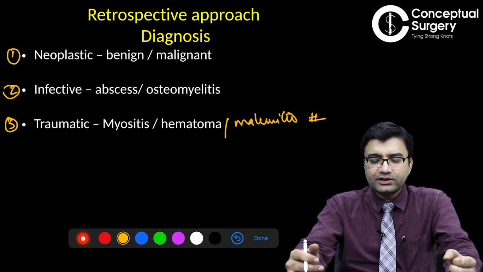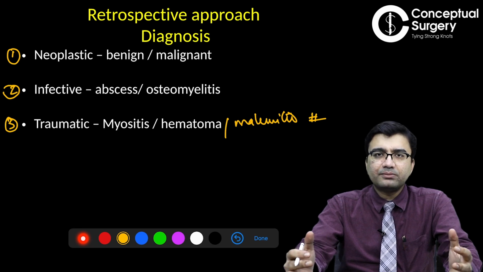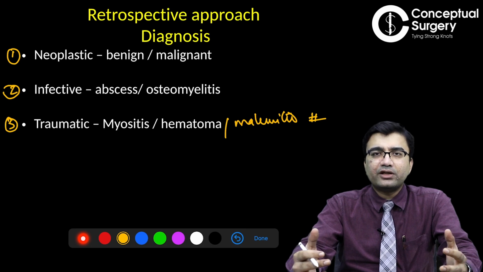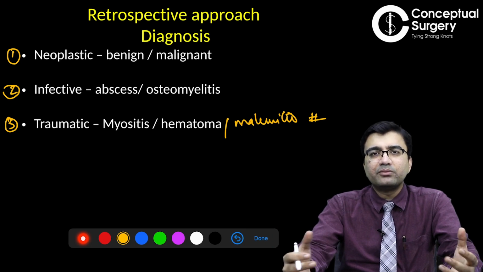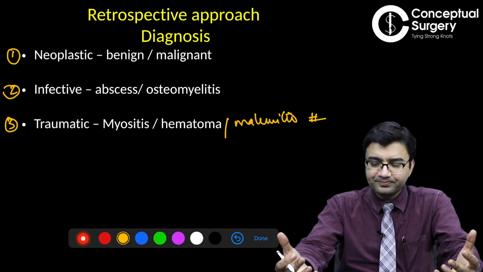Among the infective causes, hardly will you get acute osteomyelitis, where the diagnosis is very evident based on discharge, redness, and localized warmth.